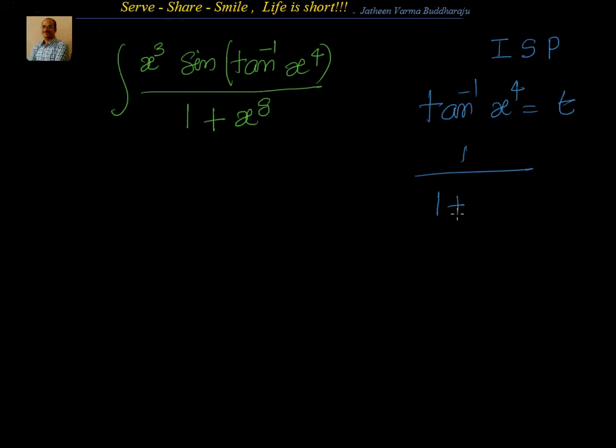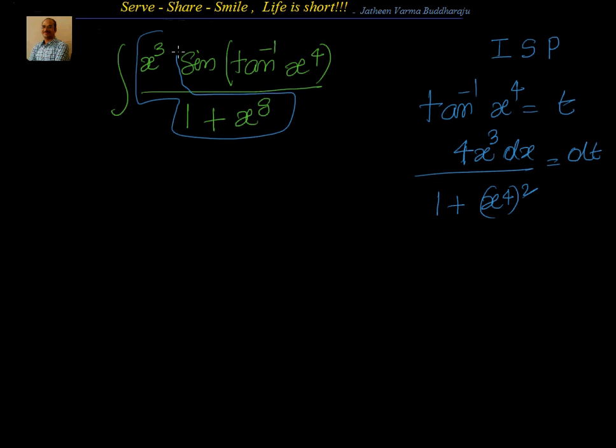Then I will have 1 by 1 plus x square, that is x power 4 whole square, and what is the derivative of x to the power of 4? That is 4x cube dx equal to dt. So this part is becoming part of dt, or can I write it as x cube by 1 plus x to the power of 8 equal to 1 by 4 dt.